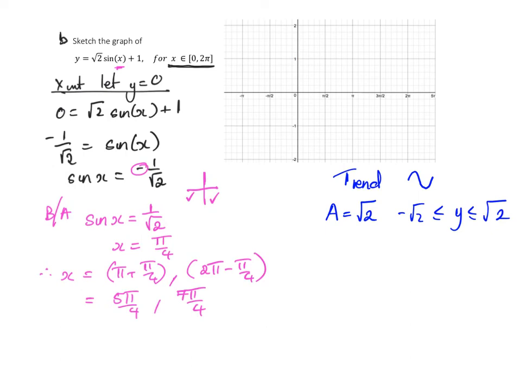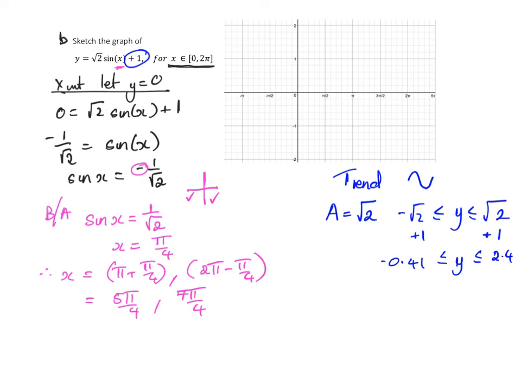But of course we have our y translation. It is translated 1 unit up. So I'm going to add 1 to that and 1 to that. Root 2 is 1 point something and minus root 2 is minus 1 point something, so we're going to just put that roughly on our axis. I've worked them out on my calculator, but you can think about that in your head as well, because we just want a rough position.